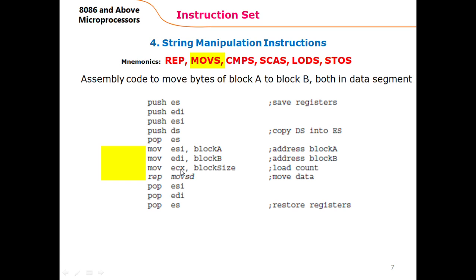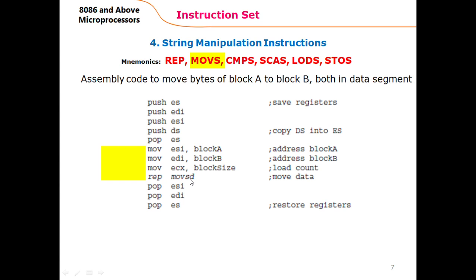So we load count, and after that we just use the repeat prefix with MOVSD, and this D is used for the double word. So each time this MOVS instruction is executed, it would transfer 4 bytes of data from block A to block B. Why?